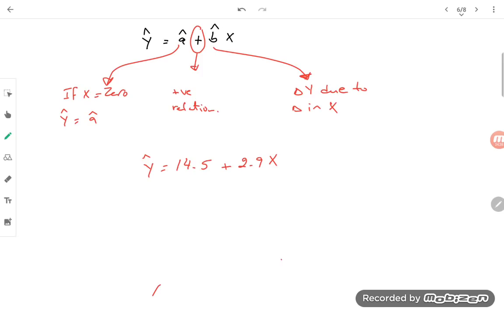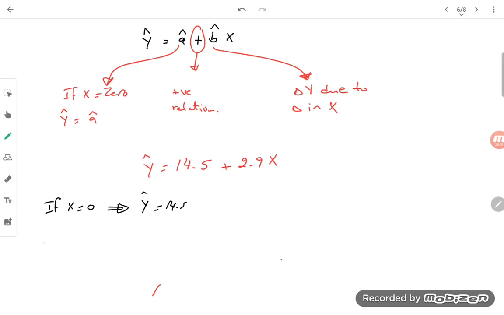This means that the commodity is a normal good. With respect to question number 4, if x equals 0, y equals 14.5, or actually y hat, which is the estimated value of the dependent variable.